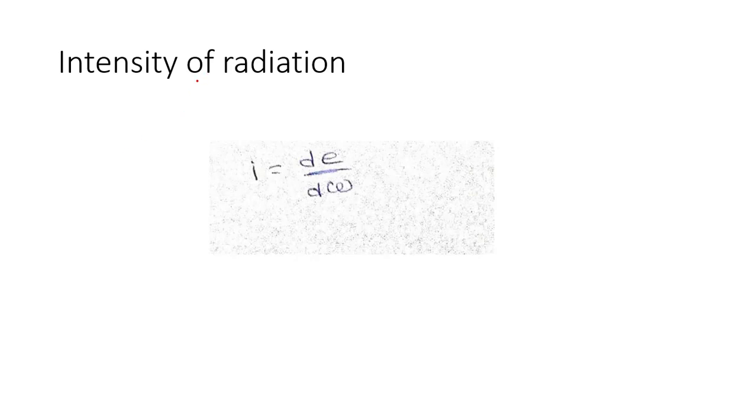Now the next definition is intensity of radiation I. It is defined as the rate of energy leaving from a surface in a given direction per unit solid angle per unit area of emitting surface, normal to the mean direction in space.